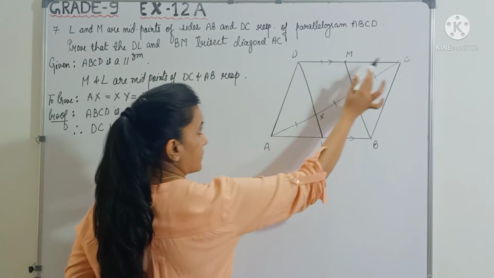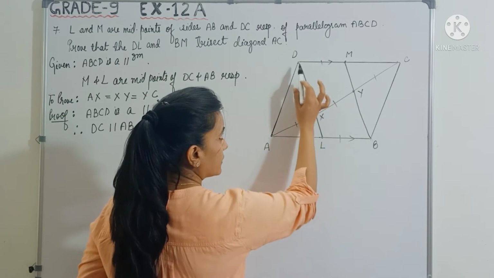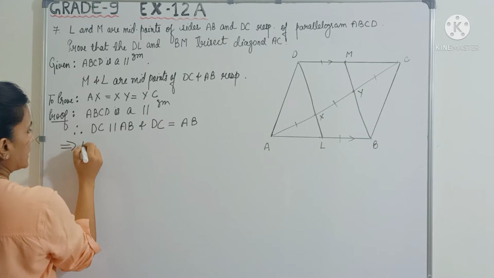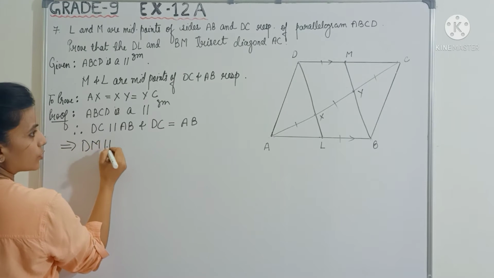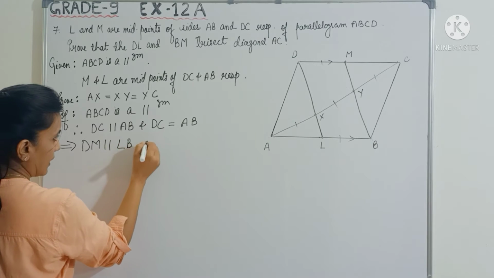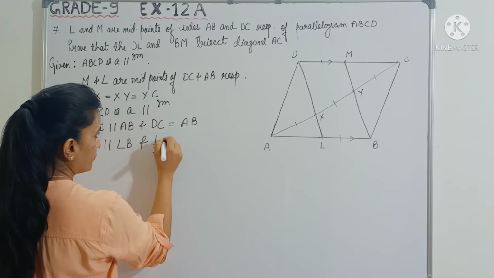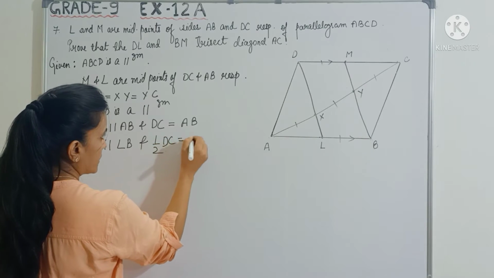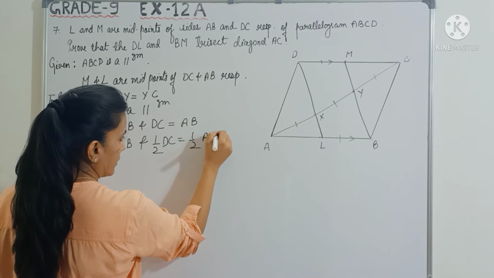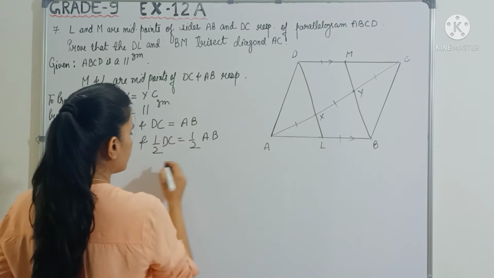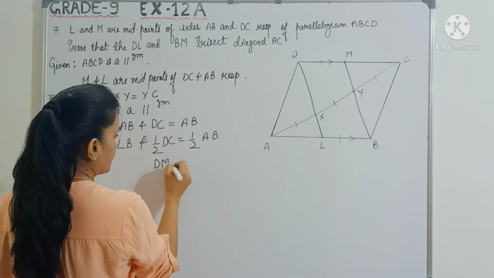Now since DC is parallel to AB, I can say that DM is parallel to LB, right? So this implies DM is parallel to LB, and now here can I take half on both the sides? Now half of DC will be DM, correct?